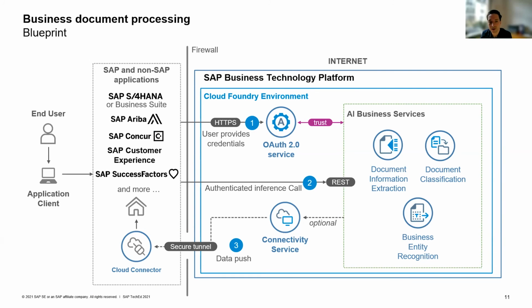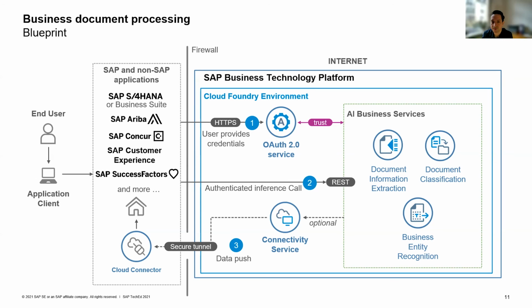Now, let me talk briefly about the reference architecture for the AI business services related to business document processing. These services are reusable services or microservices that can be consumed directly from SAP Business Technology Platform.